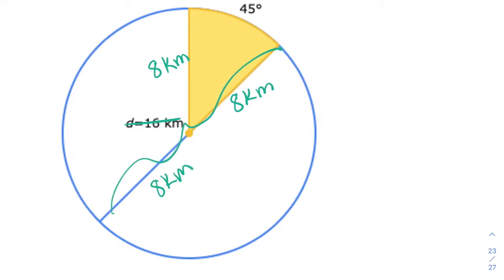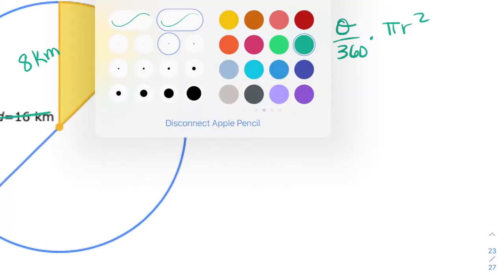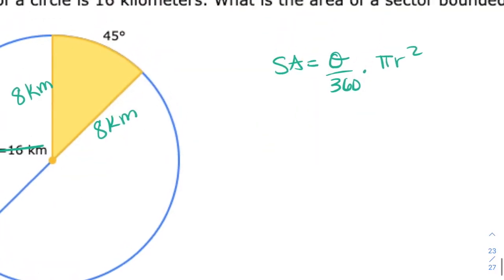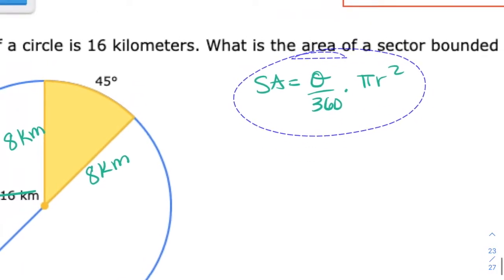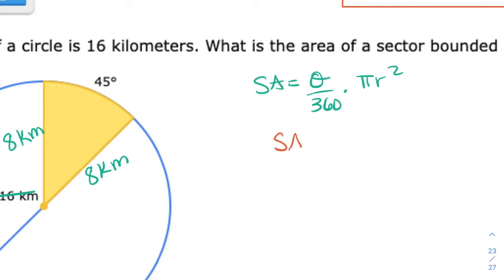So sector area equals theta over 360 times pi r squared, which is 45 over 360 times pi times 8 kilometers squared.